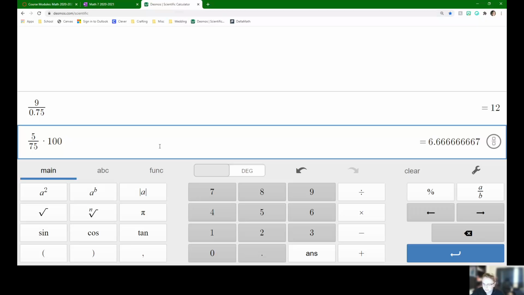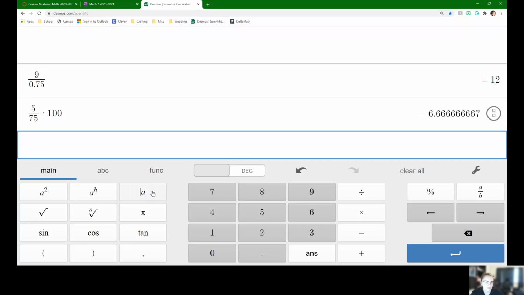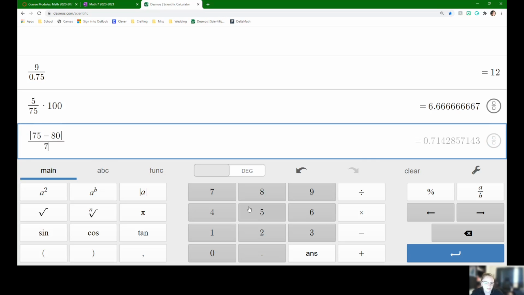If you wanted to, you could put in this whole thing as we wrote out the equation. Here's the absolute value button. So in the absolute value, you could have done 75 minus 80, gone outside the absolute value signs, divided it by the 75, and then gone over to the side and multiplied by 100.